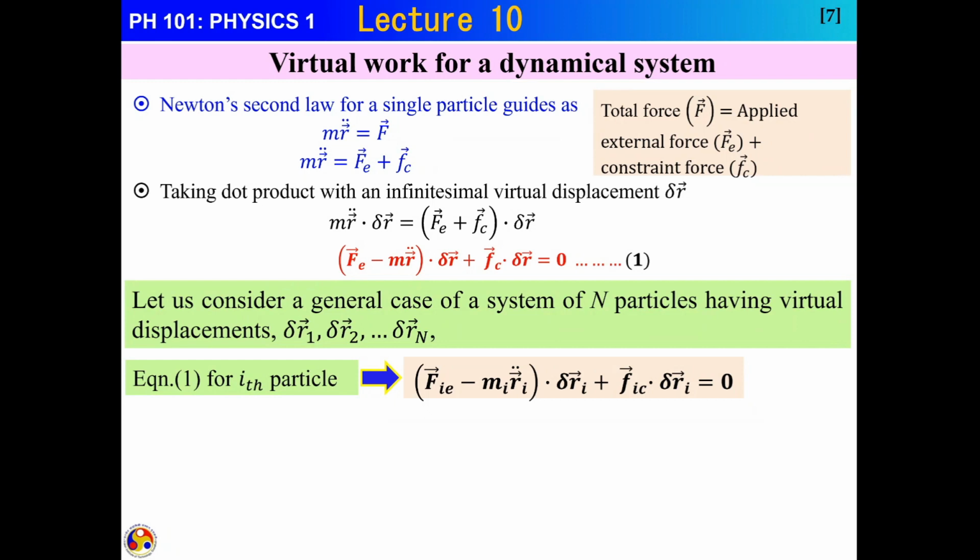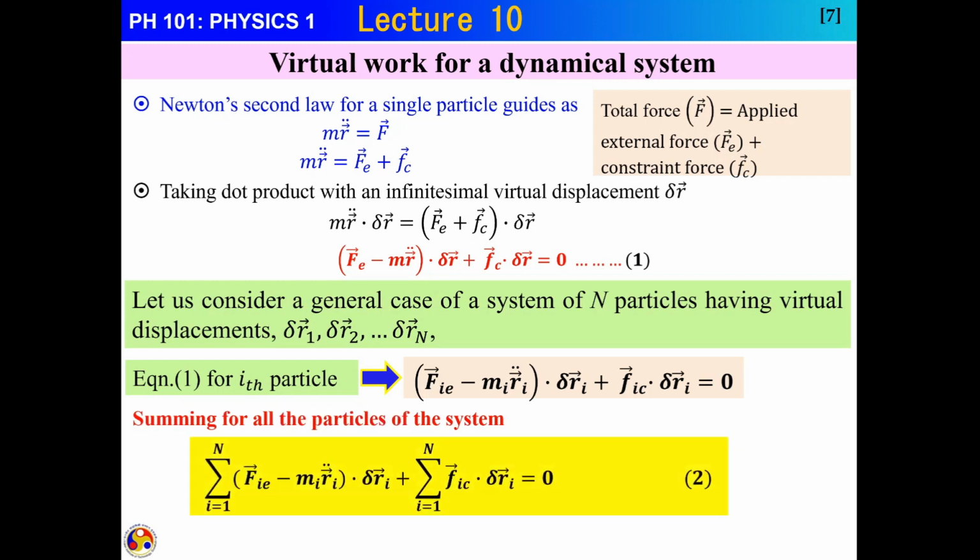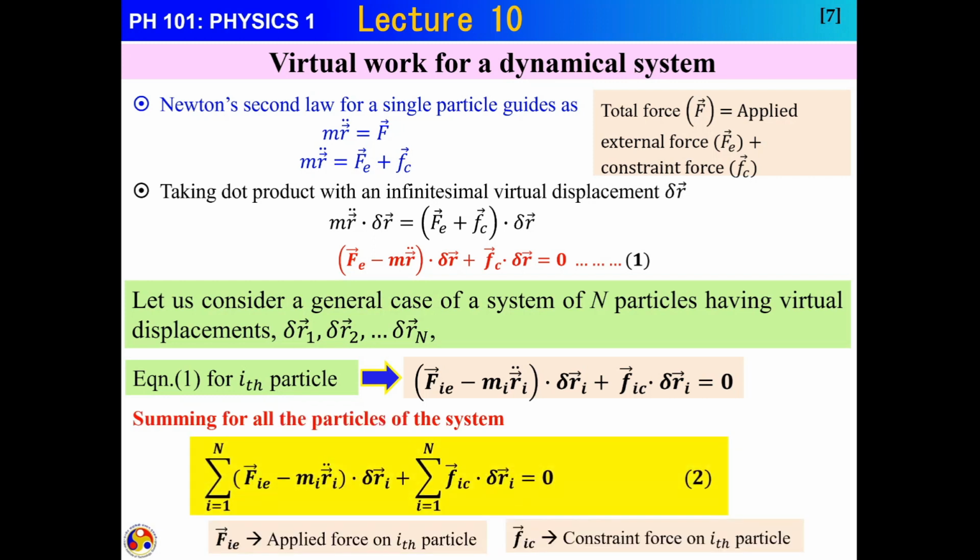If we know it for a particular particle, then we can sum over all the particles of the system, and my equation will turn out to be in this functional form. What it is saying is that there is a term involving the applied forces on the ith particle, and then there is a term involving the constraint forces.